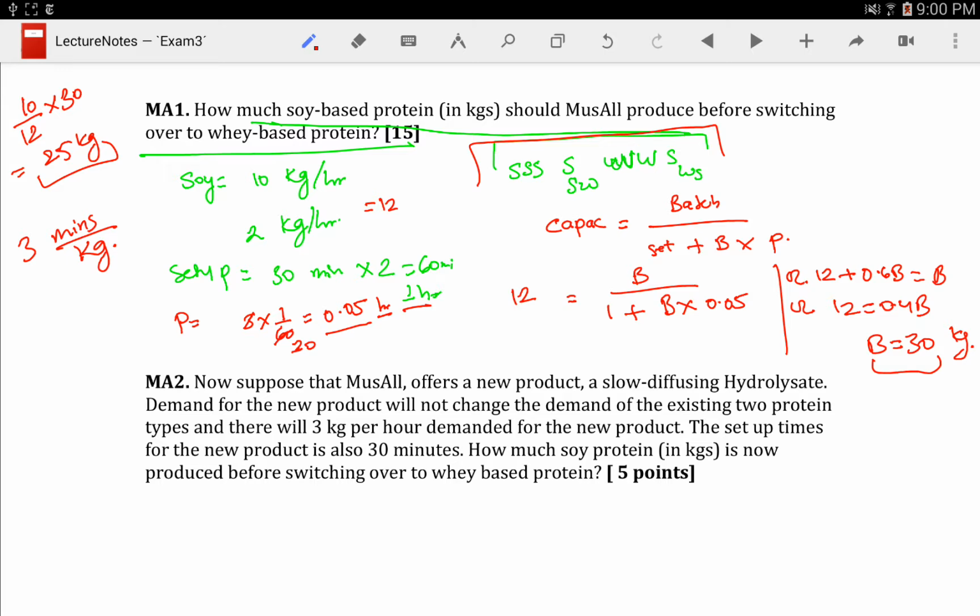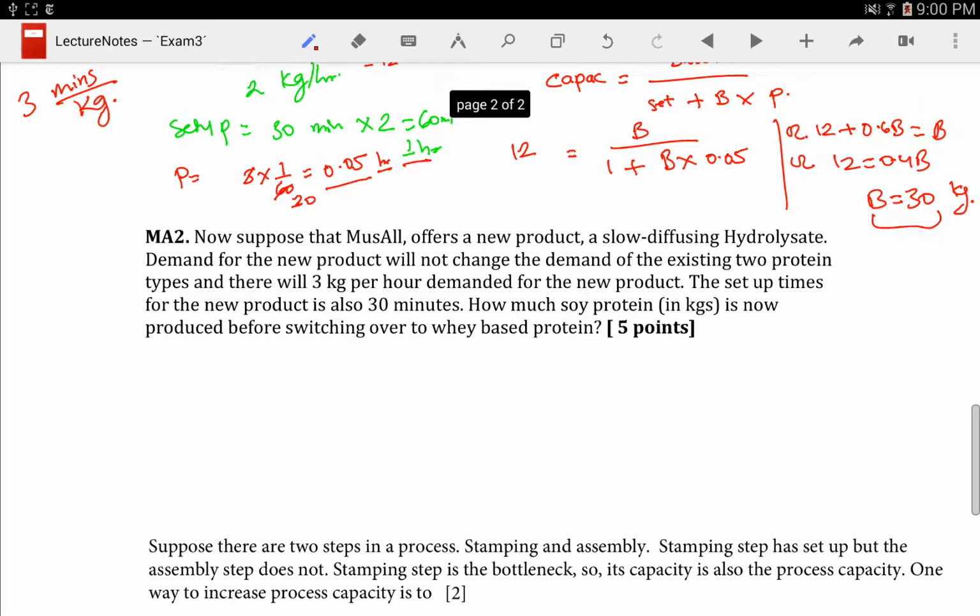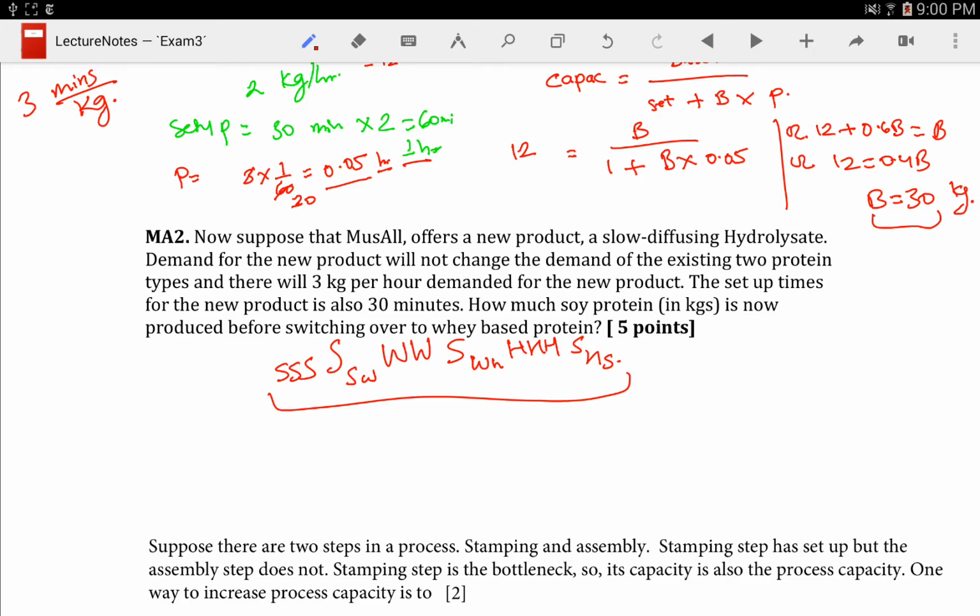The next question is almost exactly the same. The only difference is that instead of 2 products, there are 3 products. Now it has to produce soy, switch from soy to whey, produce whey, switch from whey to hydro, produce a lot of hydro, and switch from hydro to soy. Everything is exactly the same. Now your demand is 15, adding that 3.